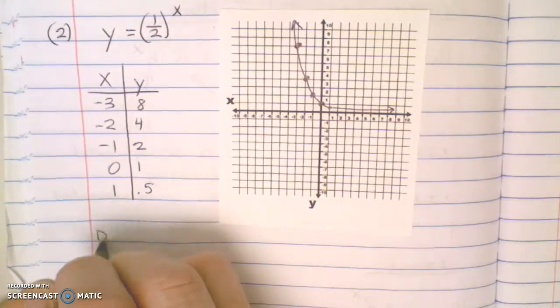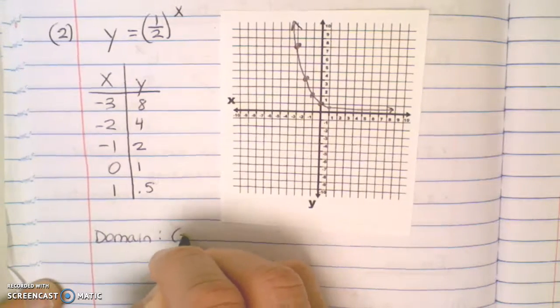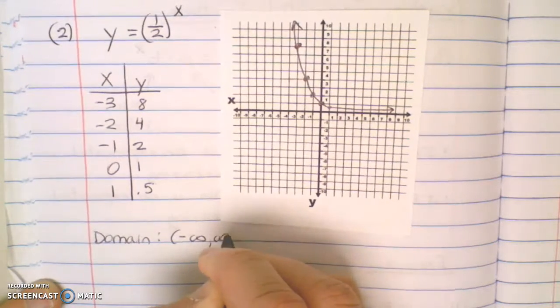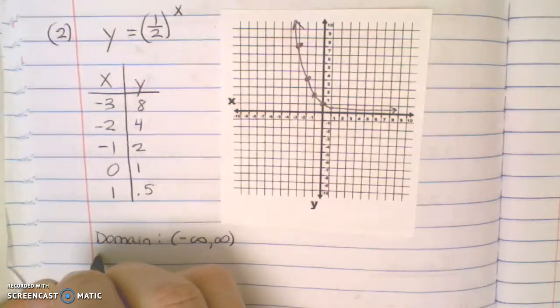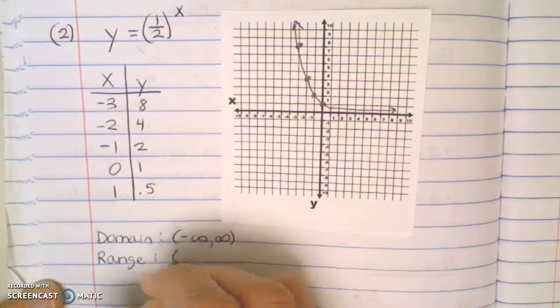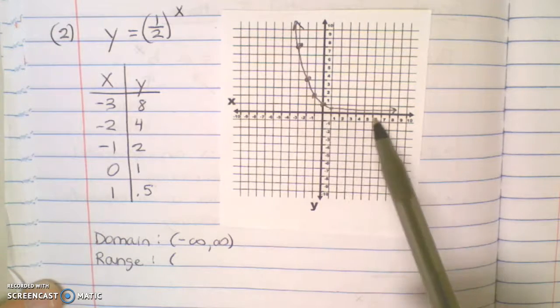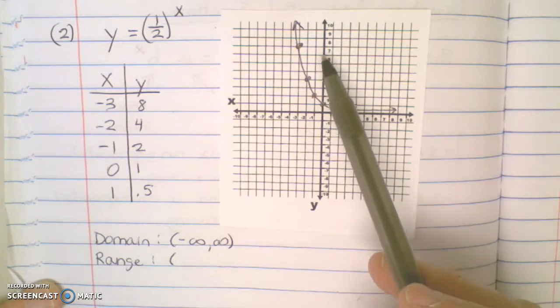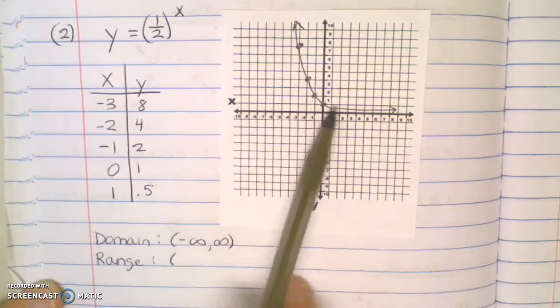So our domain is going to be the same here. -infinity to infinity. Goes on forever in both directions with the arrows. The range is going to be a little different because this time we're starting from the highest and then going to the lowest. So the highest that we can go is infinity again. And then it goes up till 0.